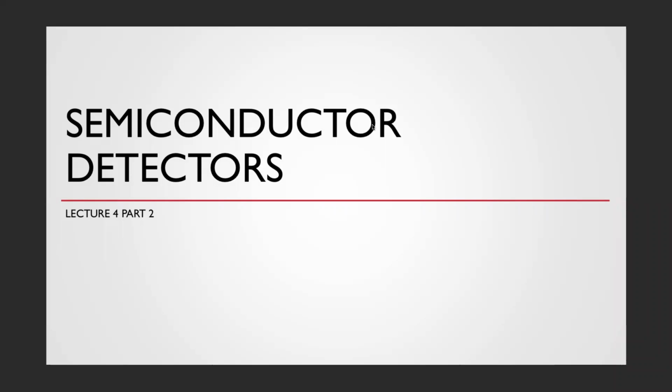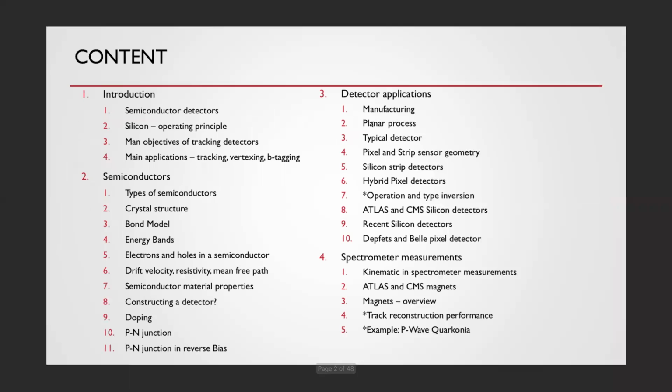Okay, semiconductor detectors are next. We have an interesting, I think, and very relevant chapter ahead. We'll have to discuss the operating principles of silicon when it is in reverse bias voltage with a large depletion zone.